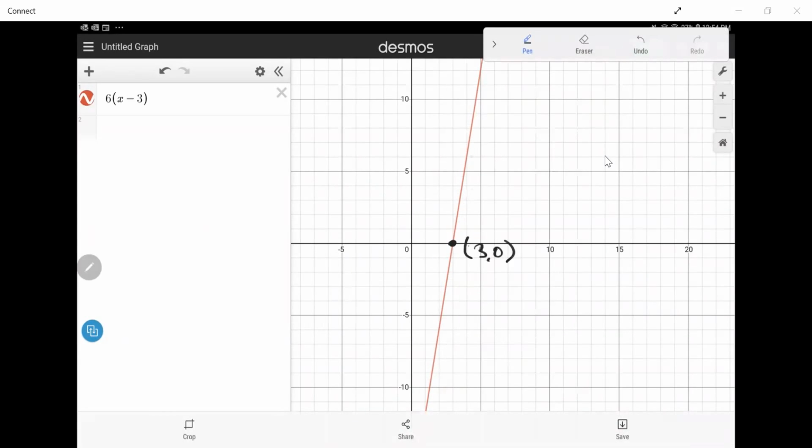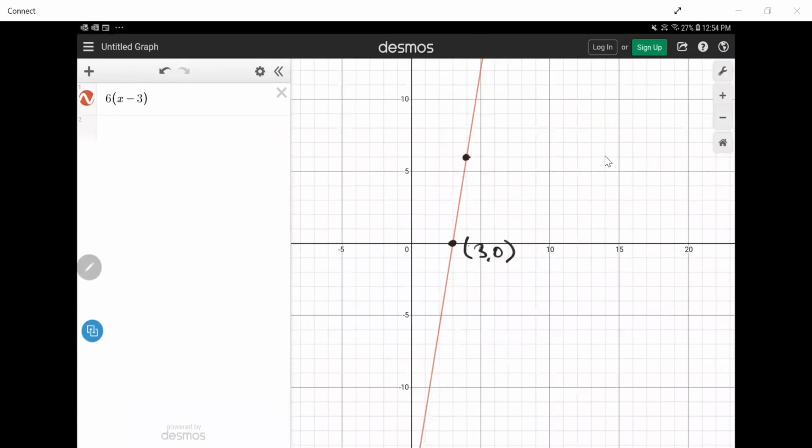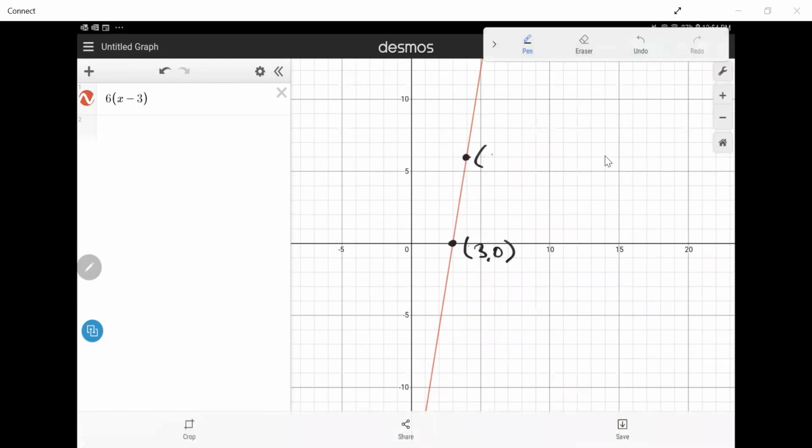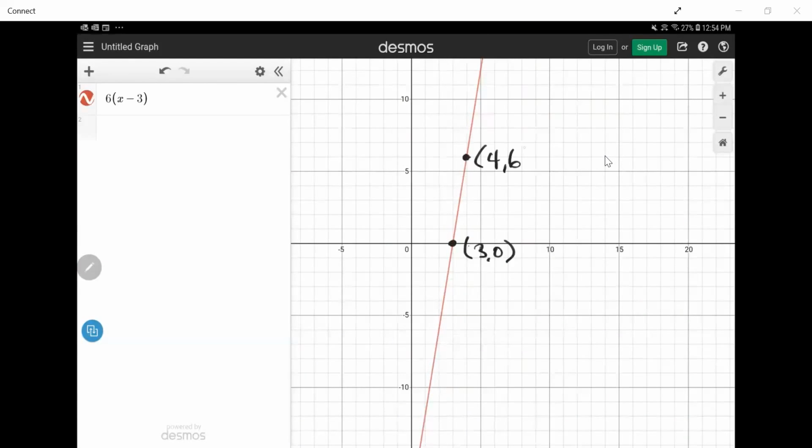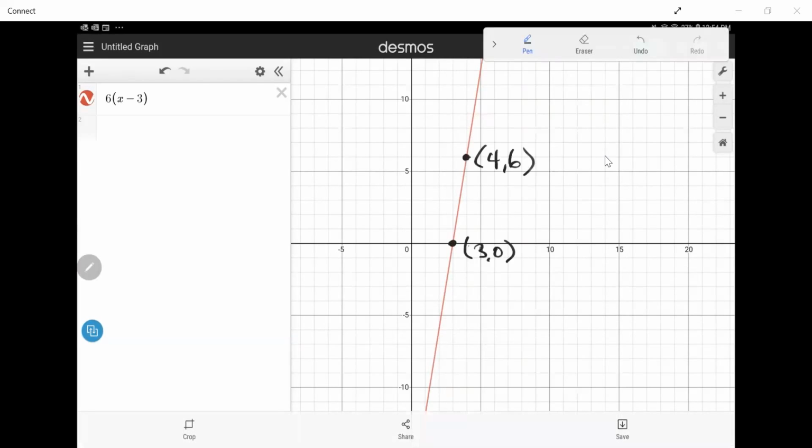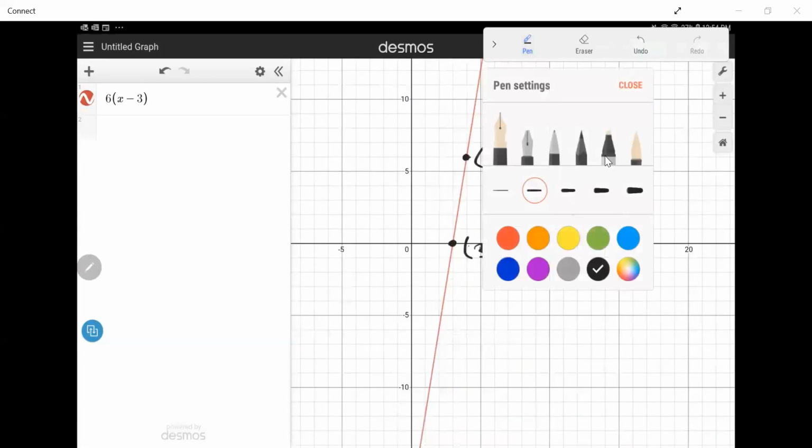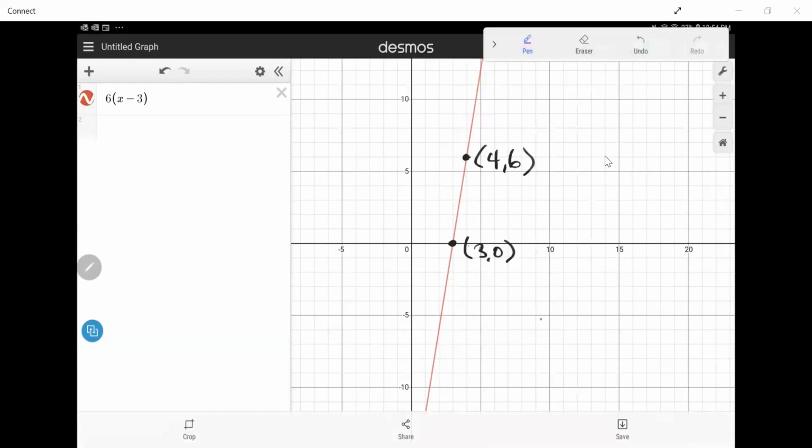Here's another point that's easy to find: that point is 4, 6.